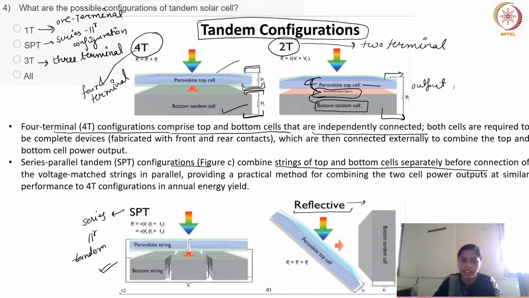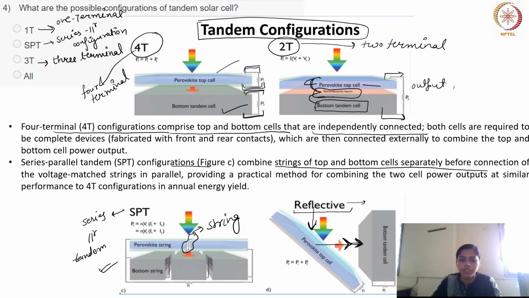This is the string which is used to connect the bottom and the top perovskite cell. The last one is the reflective tandem configuration. When light is incident on this solar cell, part of it gets reflected and the remaining light reaches the bottom solar cell, which in turn gives you some output.